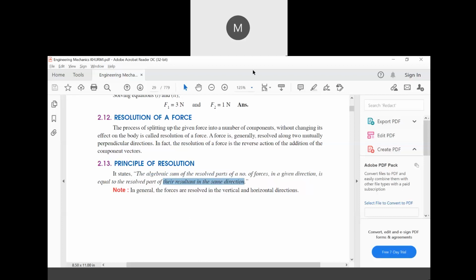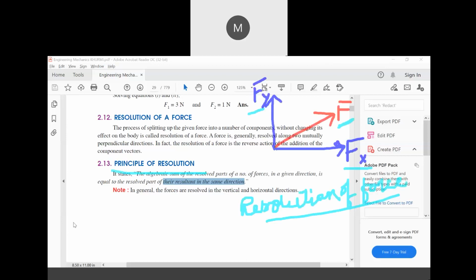That means we'll go to the previous diagram. Now in this diagram, you can see the algebraic sum of the resolved parts of a number of forces in a given direction is equal to the resolved part of the resultant in the same direction. Now this is the resultant, right?